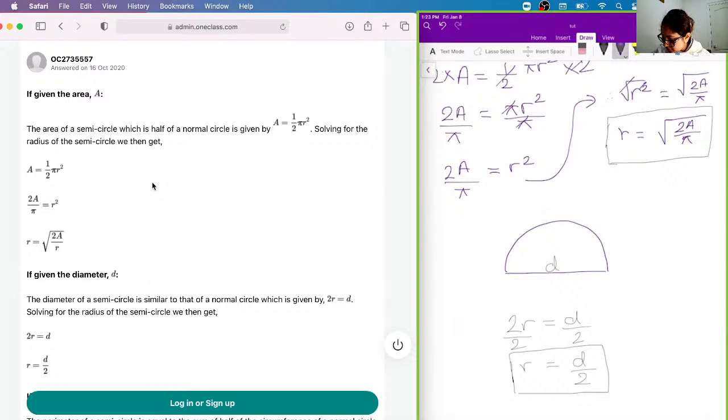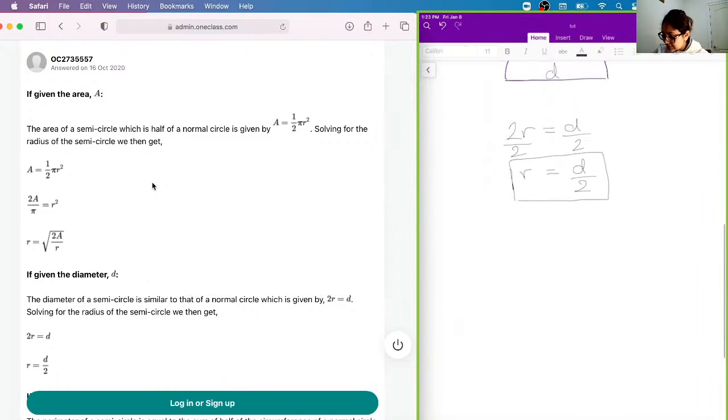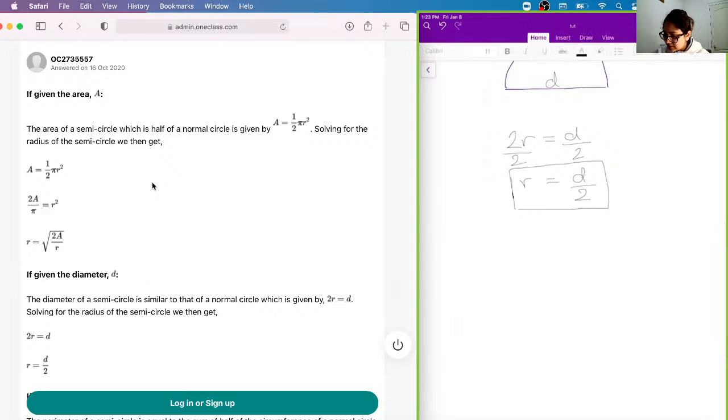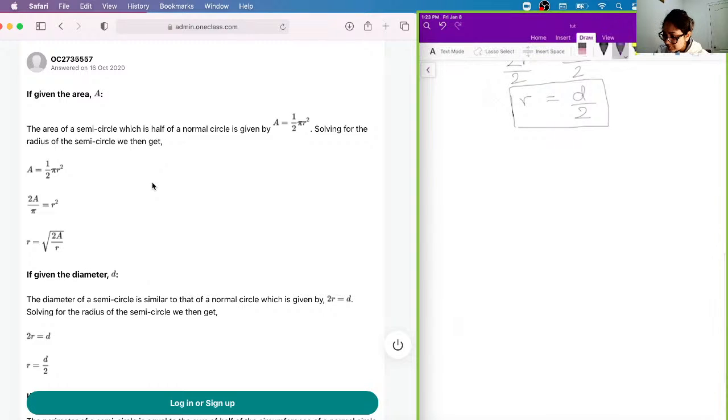However, if you're given the perimeter, the perimeter of a semicircle is the sum of half the circumference and the diameter.